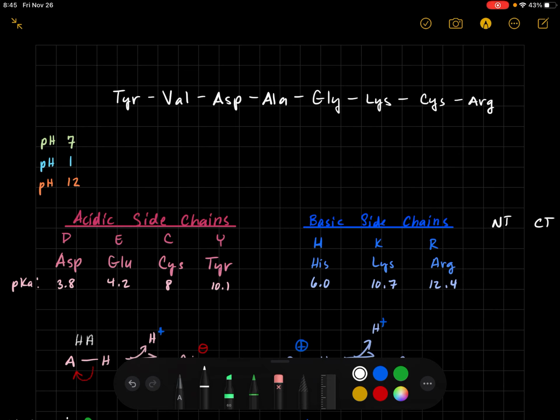So the pKa of the N-terminal group is around 9 to 10. I'm going to estimate around 9. For the C-terminal group, the pKa is around 2 to 3. We'll estimate around 2.